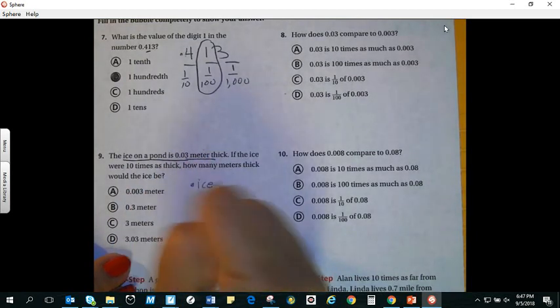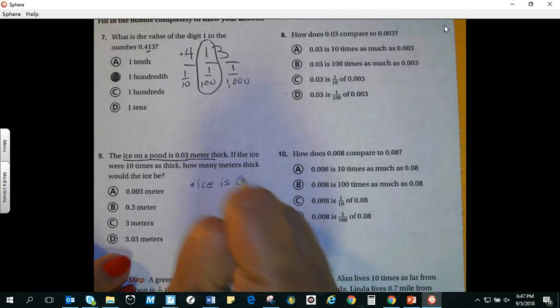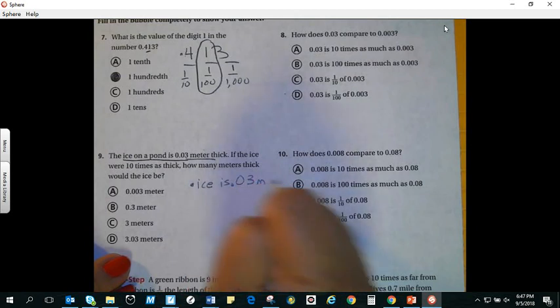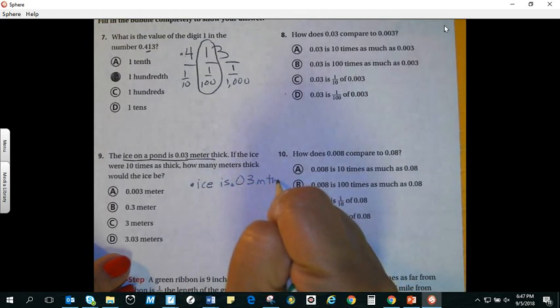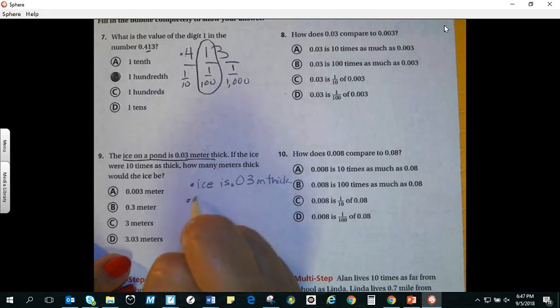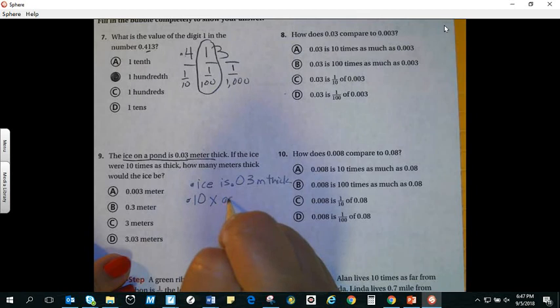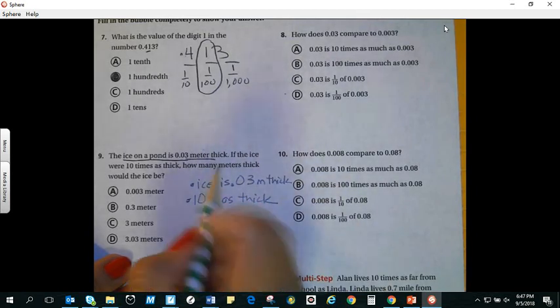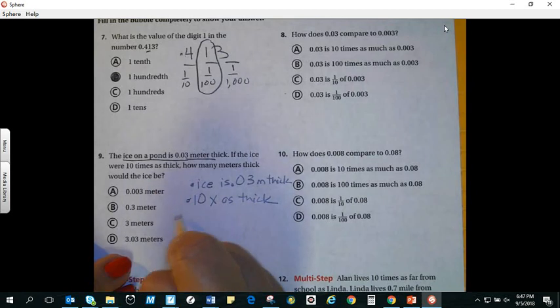Ice is 300th meter thick. If the ice were 10 times as thick, then how many meters thick would the ice be?